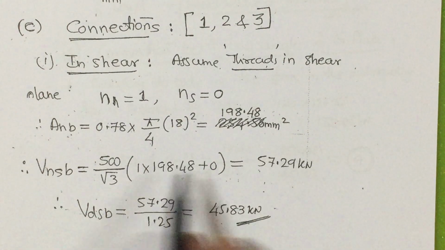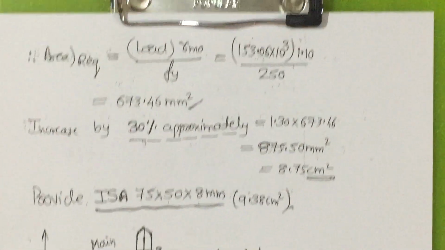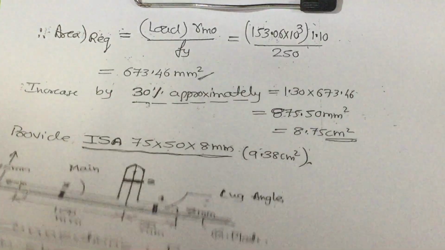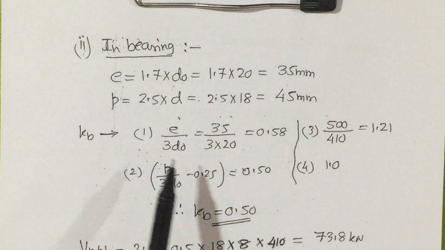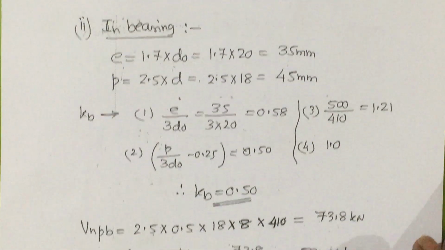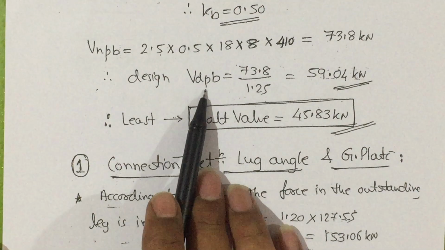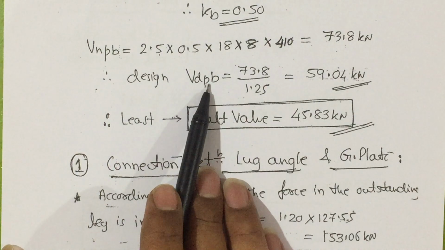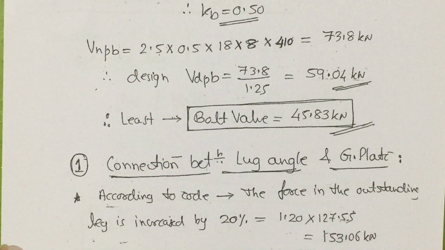Then calculate Vnsb, then calculate Vdsb. Then check for bearing. In that calculate Kb value, then Vnpb, then Vdpb. So, our bolt value will be the least of Vdsb and Vdpb. You are going to get 45.83 kilonewton.